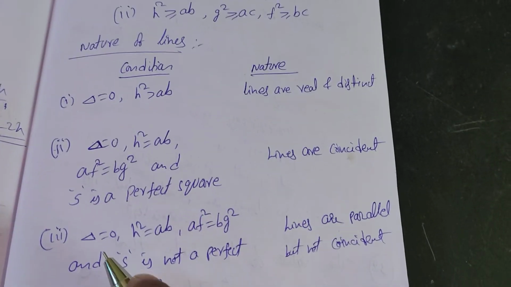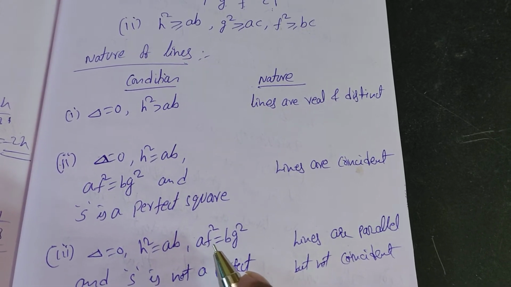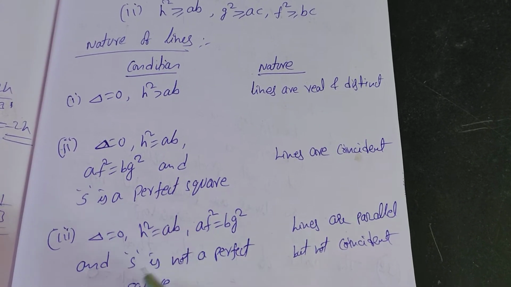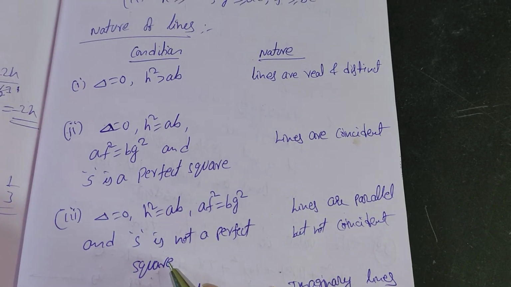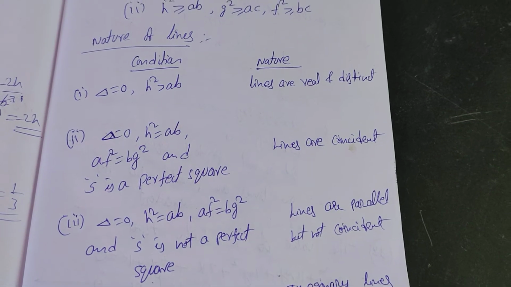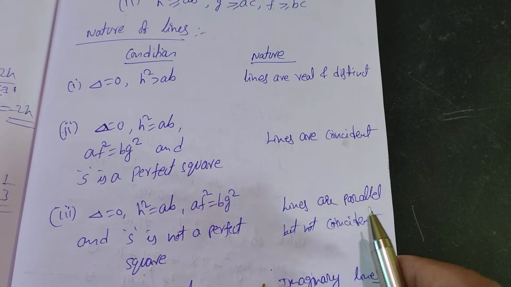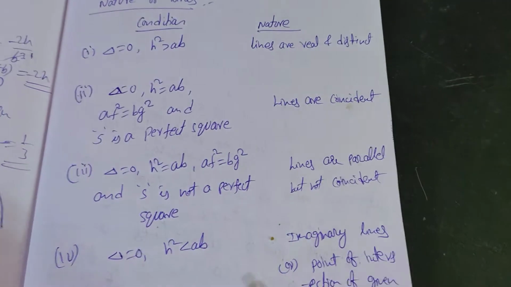If delta is equal to 0 and h square is equal to ab, af square is equal to bg square, and S is not a perfect square, that means you cannot write it as a square of something, then the lines are parallel but not coincident.